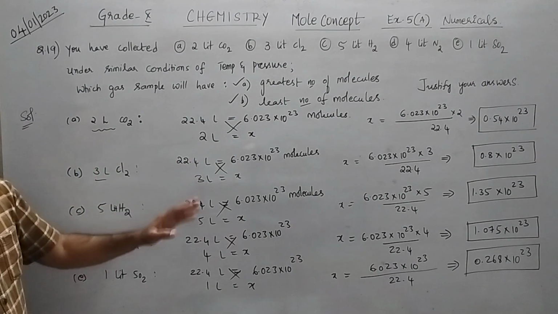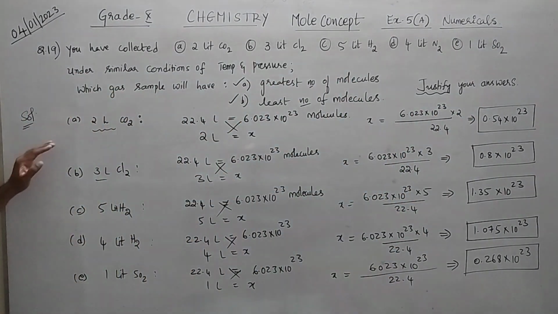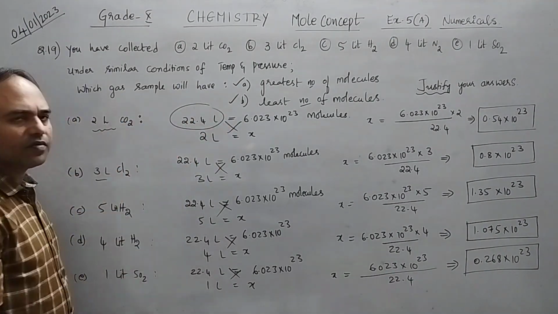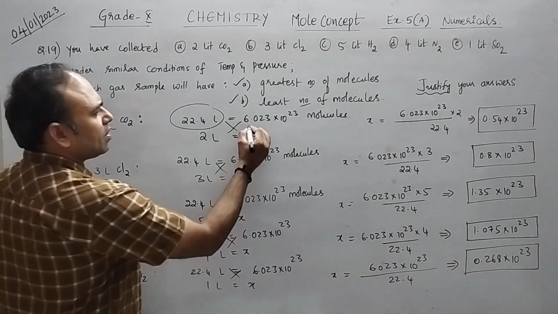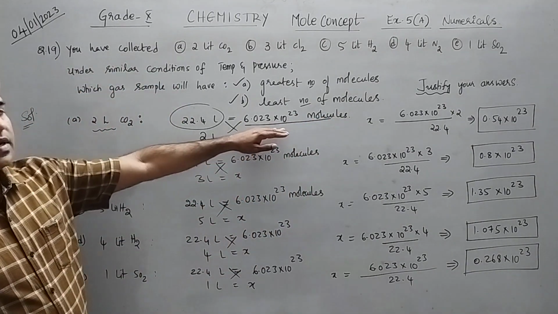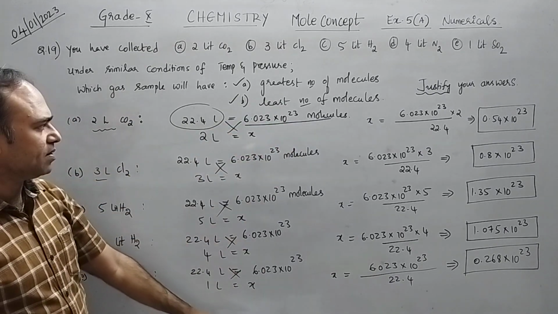I have solved this here to save time. We all know that the standard volume 22.4 liters of any gas has Avogadro number, that is 6.023 into 10 to the power of 23 molecules. This is the standard one which we are going to apply in all the 5 cases.